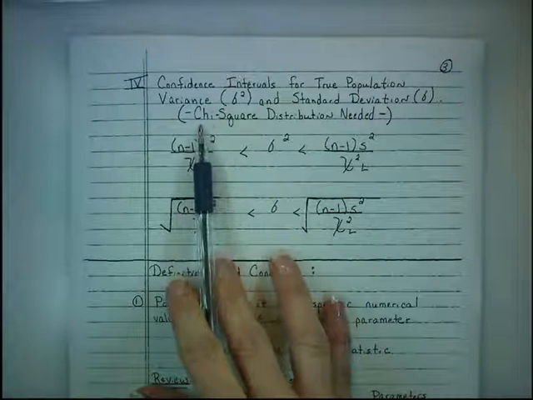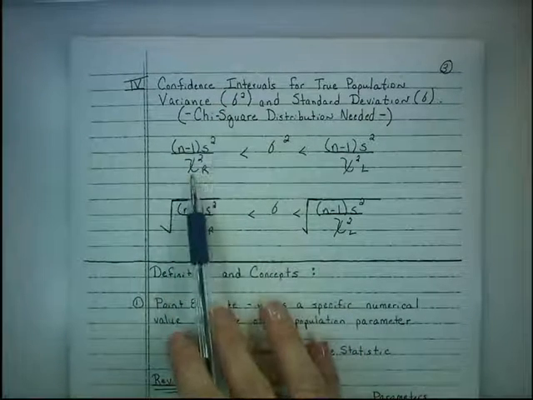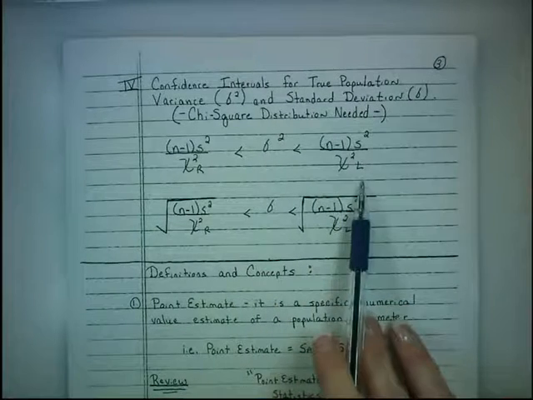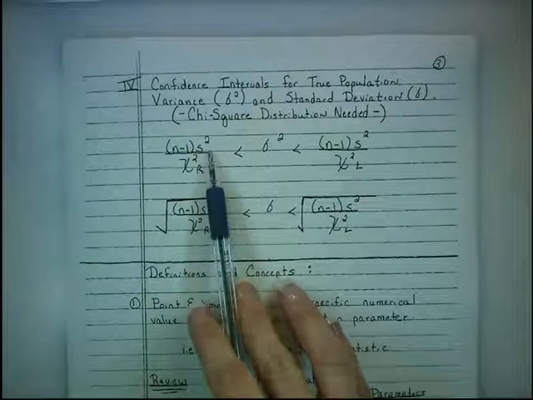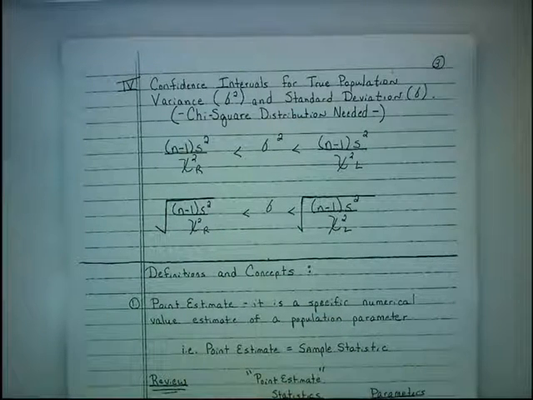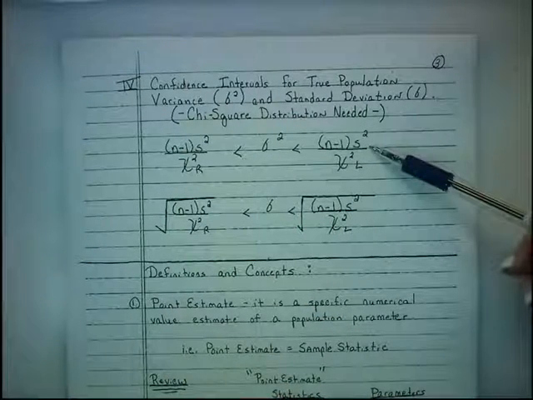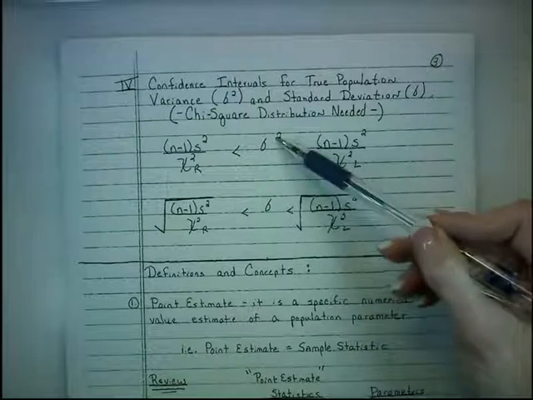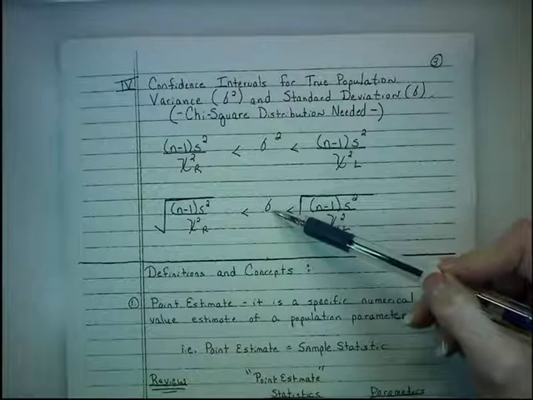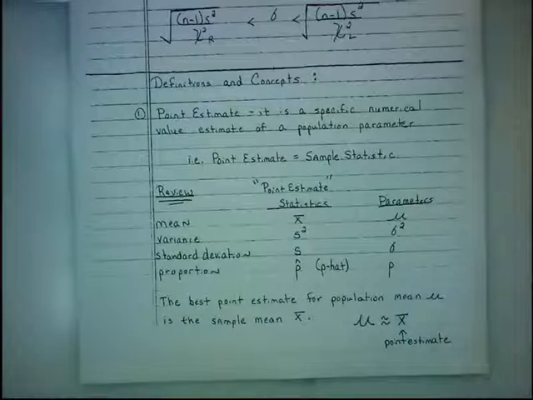I know it looks like chi, but it's supposed to be chi squared from the right, chi squared from the left. S squared is going to be sample variance, and of course n is sample size. This is the confidence interval for true variance, sigma squared, and this is the confidence interval for true population standard deviation, sigma.